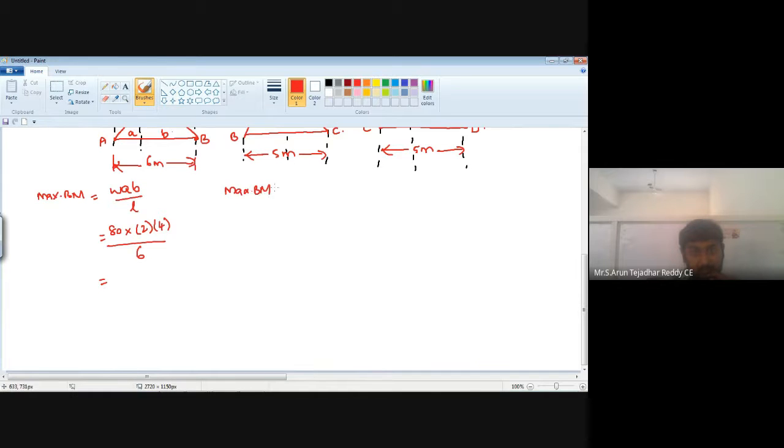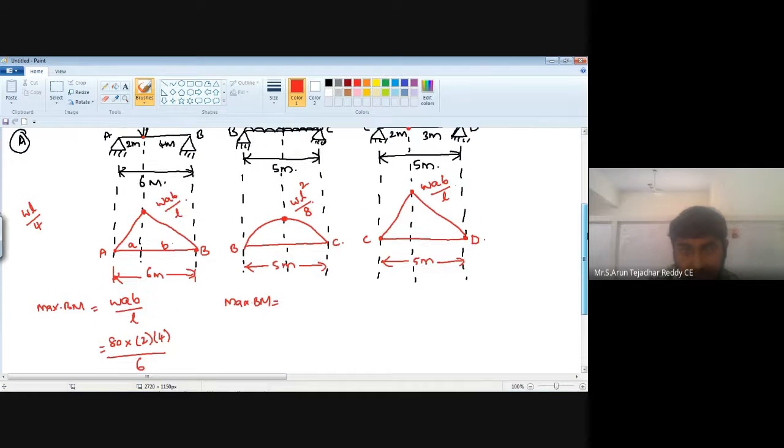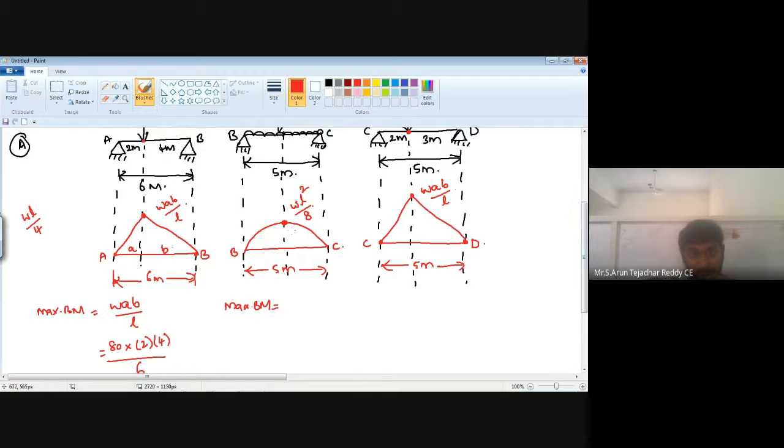Next, the bending moment diagram for the second diagram. Here we have the formula WL square by 8. Here W is given as 20 kilonewton per meter and the span is 5 meter, square by 8. What about the value here?